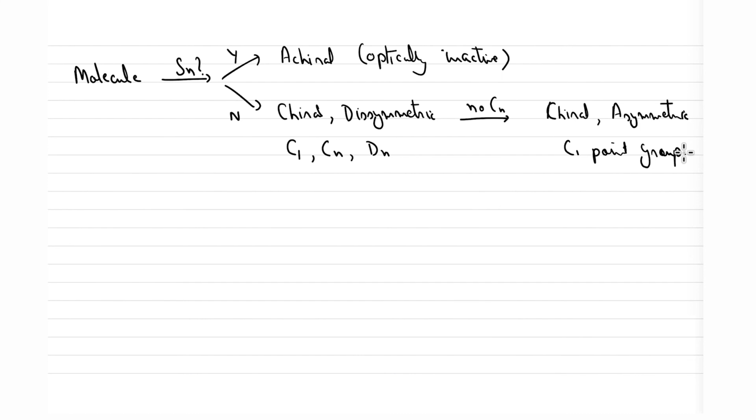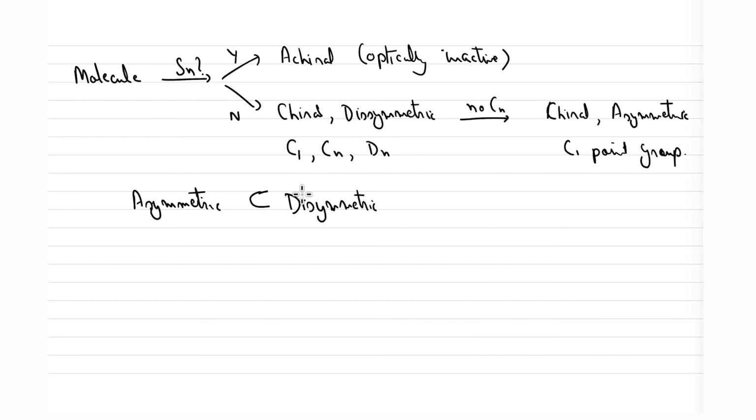So we can say that asymmetric molecules are a subset of dissymmetric molecules, right? The vice versa is not true. All asymmetric molecules are dissymmetric, but not all dissymmetric molecules are asymmetric, right?